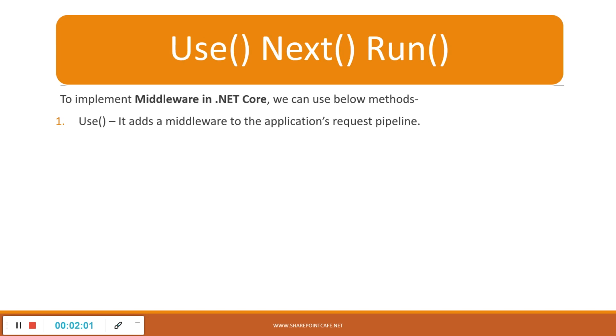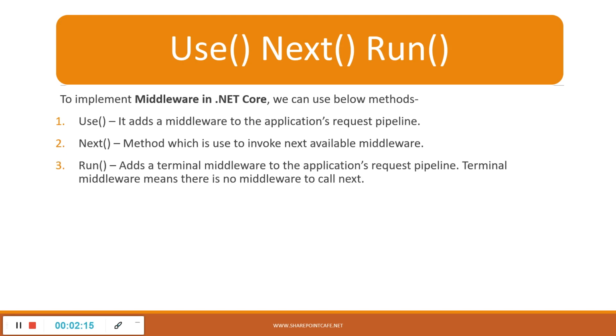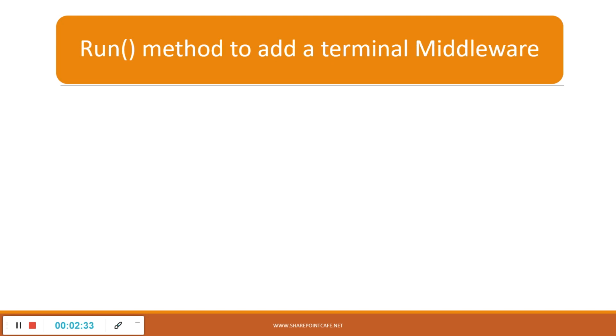The Use method adds a middleware to the application's request pipeline. The Next method is used to invoke the next available middleware in your pipeline. Run adds a terminal middleware to the application request pipeline. Terminal middleware means there is no middleware to call next. So if you have to use a middleware last, that is called terminal middleware, and there we can use the Run method.